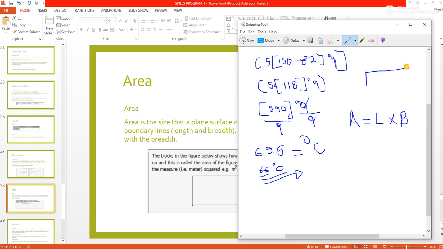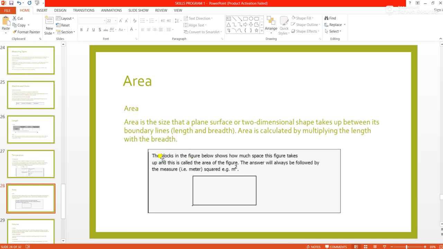It mostly covers the area of a rectangle. This shaded part is your area, so we are looking for that. This image I've extracted from your learner guide. It explains that the block in the figure below shows how much space this figure takes up, and this is called the area of the figure.